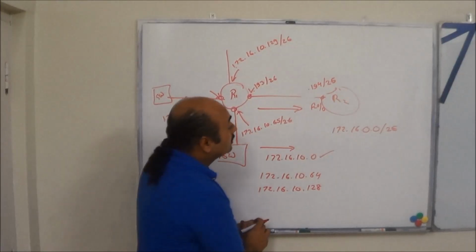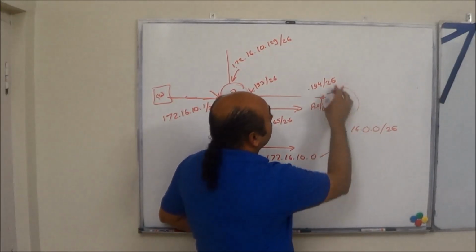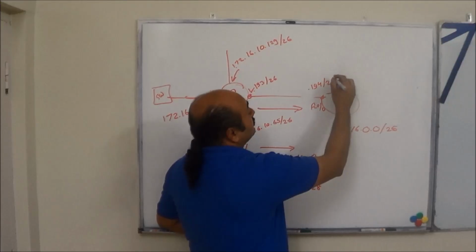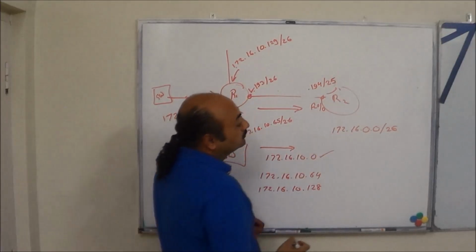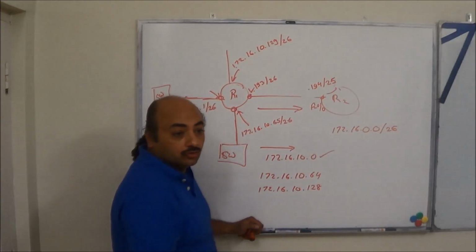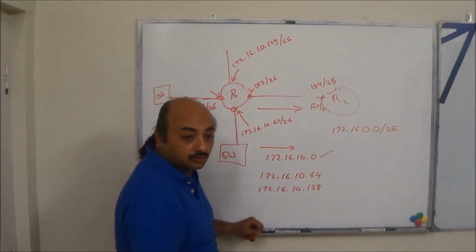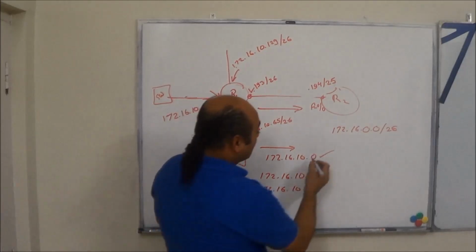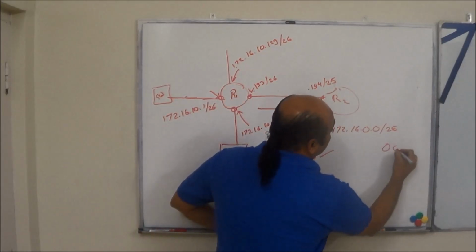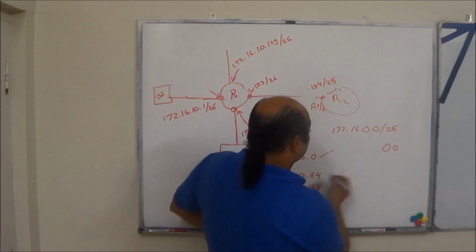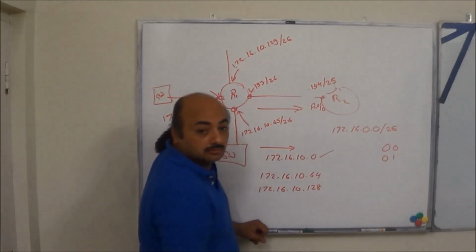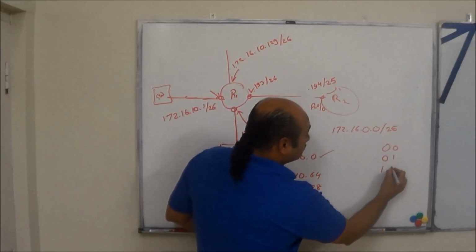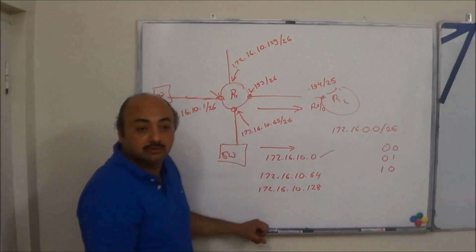Let's say instead of 26, we make it 25 now. So how many bits for the fourth octet? Only 1 bit. So how do you get 0? How do you get 64? How do you get 128? That is how you are getting it.